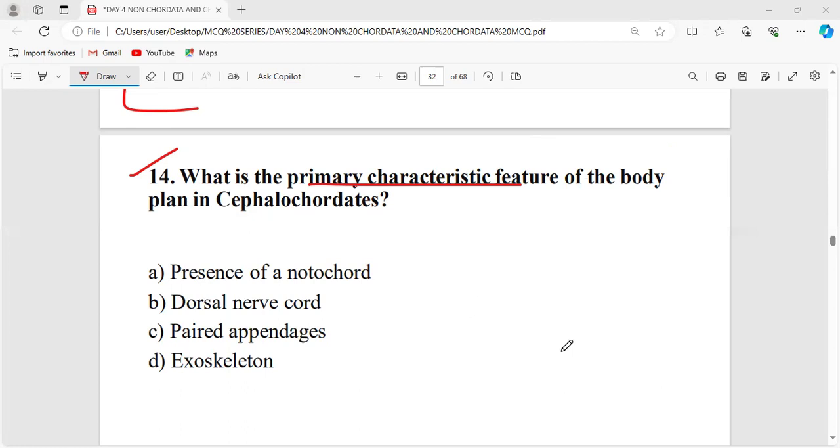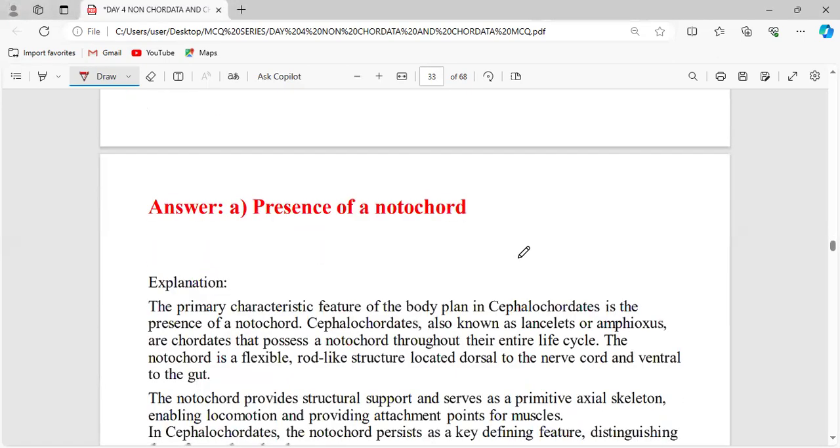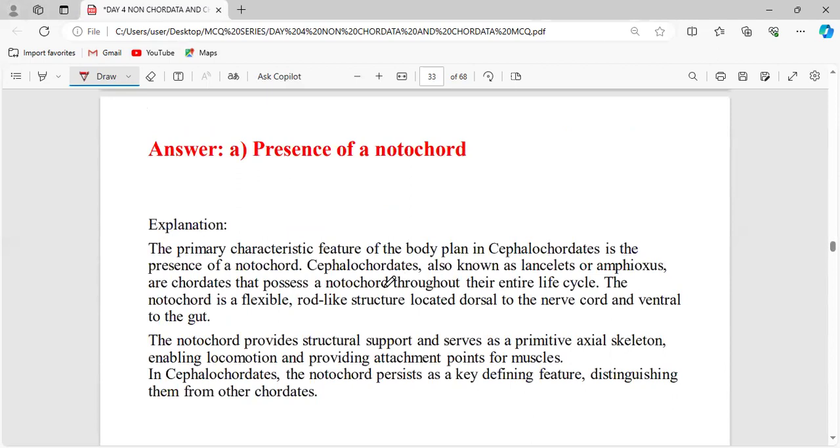Can anyone give me the correct reason why the presence of notochord is the primary characteristic feature of cephalochordates? Because the notochord here will persist throughout their entire life cycle. Based on that particular structure, this will be the distinguishing feature for cephalochordates.